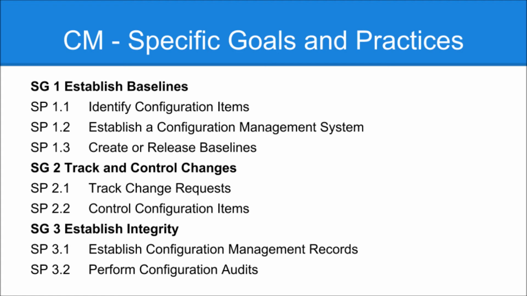The third point is to document the set of configuration items that are contained in a baseline. जो भी आपकी बेसलाइंस हैं उसके कॉन्फ़िगरेशन आइटम्स प्रॉपर्ली डॉक्यूमेंट होना चाहिए. And the last point in the specific goal 1 of identifying the baseline is to make the current set of baselines readily available. जो भी आपकी baselines है वो readily available होना चाहिए.